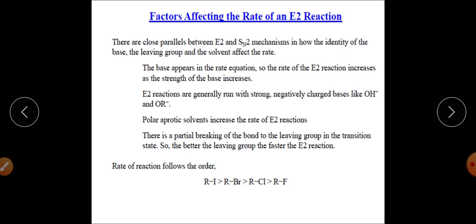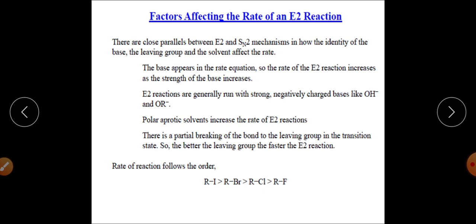Polar aprotic solvents are generally preferable for the E2 mechanism. That means the solvent should be polar and it should be aprotic. When the two conditions are met, it is considered a preferable solvent for the E2 mechanism to happen.